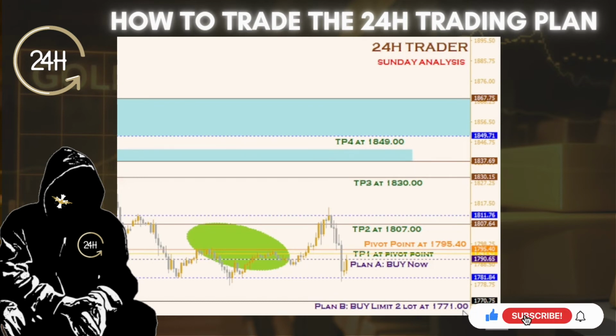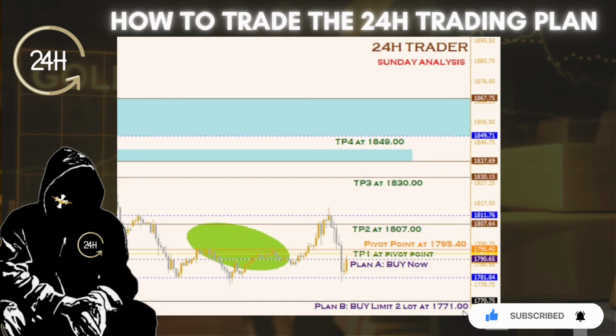If you only use a small equity, for example $100, you can start with 0.01 lot, so it uses mini lot. If you have $1,000, you can use 0.10 as the starting lot, the plan A lot.